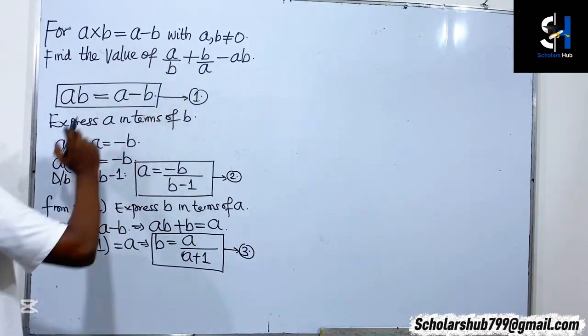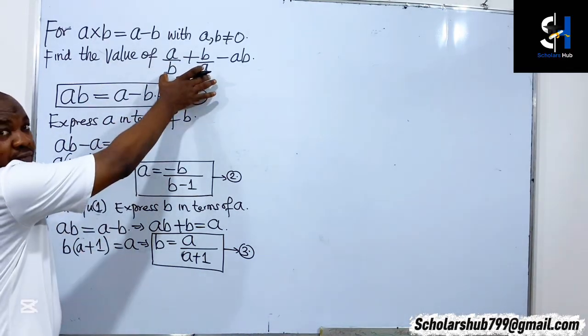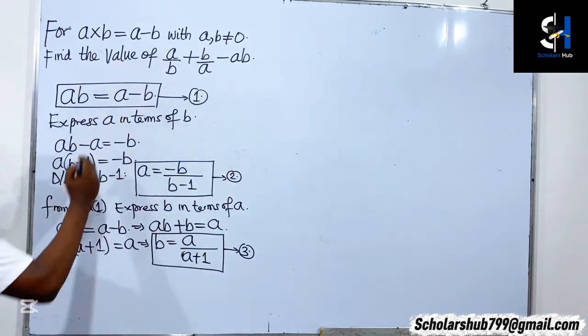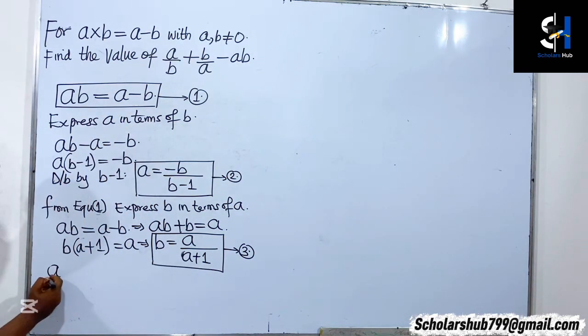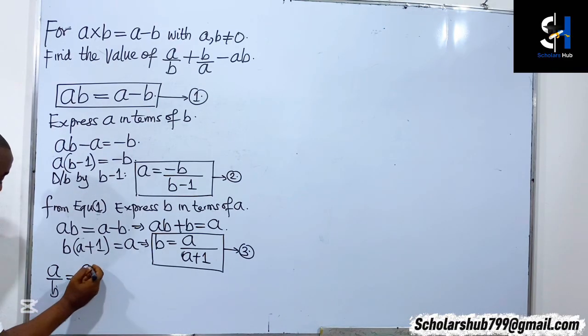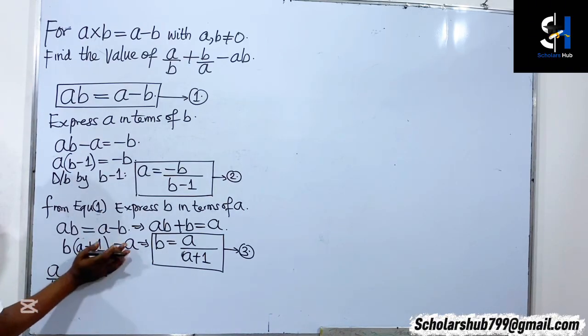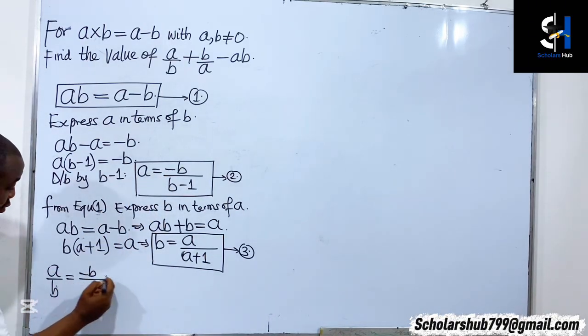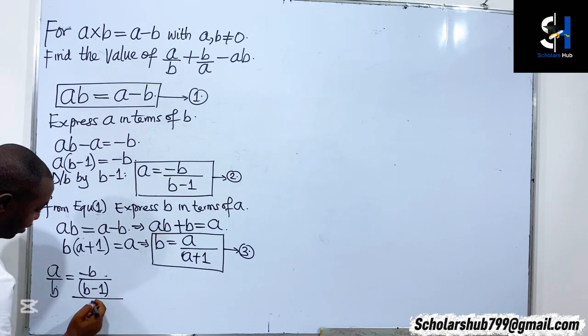Now, let's find the value of this expression. From that expression, we have a over b. The expression for a over b will be: we have a to be negative b divided by b minus 1, over b.